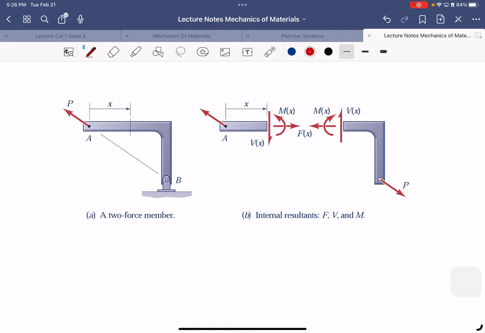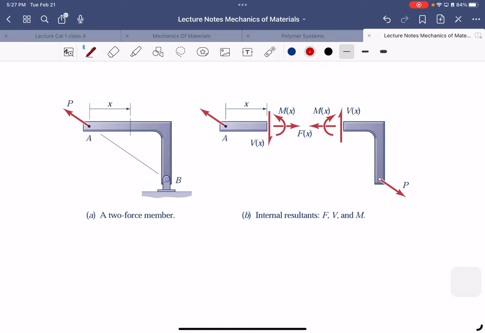I think in statics you also have called the force here the normal force, or the normal stress, if you will, and this is V. Do you know why we use V? I'm not sure whether it's official or not, but it's kind of like a scissors. It's like cutting something.